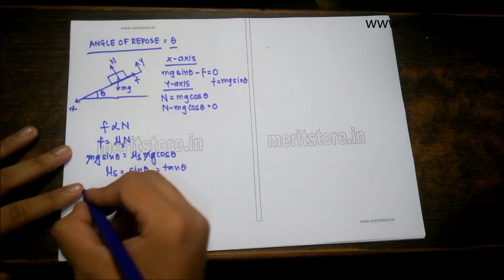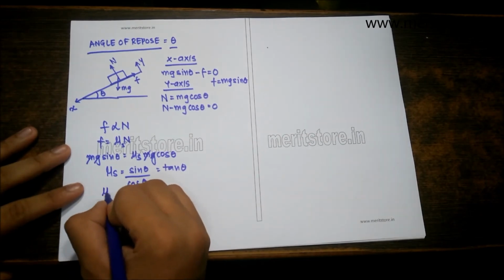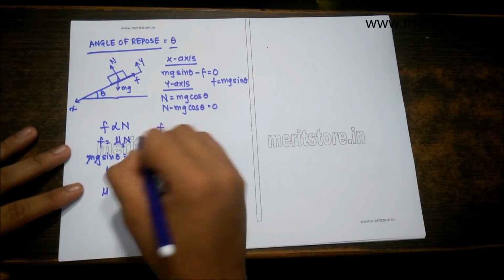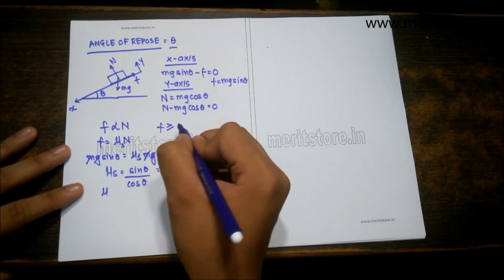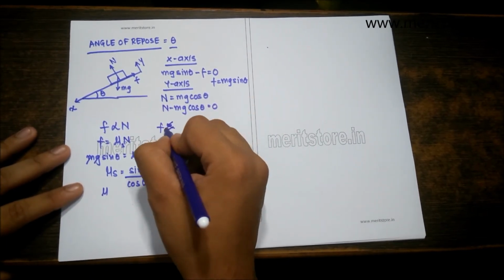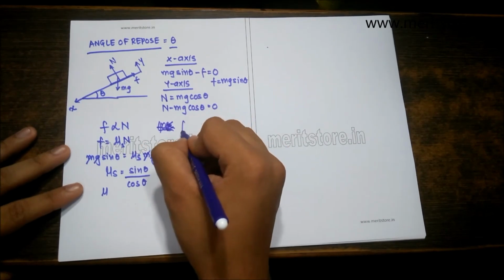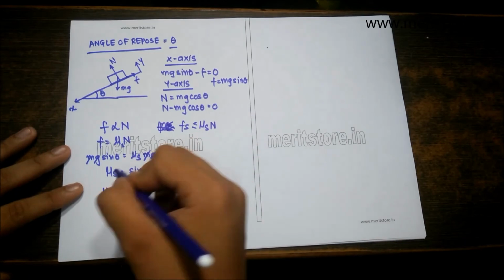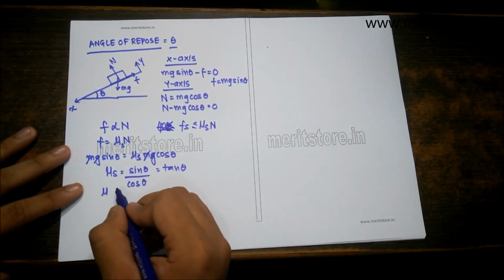So here we say that for the body to stay at rest, F has to be lesser than or equal to the limiting force of static friction, Fs, which is lesser than or equal to mu s times N. Let's apply that here as well.